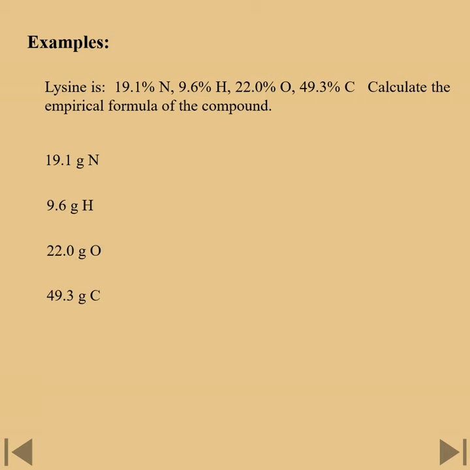Now, the first thing we need to do is convert these masses into moles. So, using the molar mass of nitrogen, I convert grams into moles of nitrogen. Using the molar mass of hydrogen, I convert mass into moles of hydrogen.